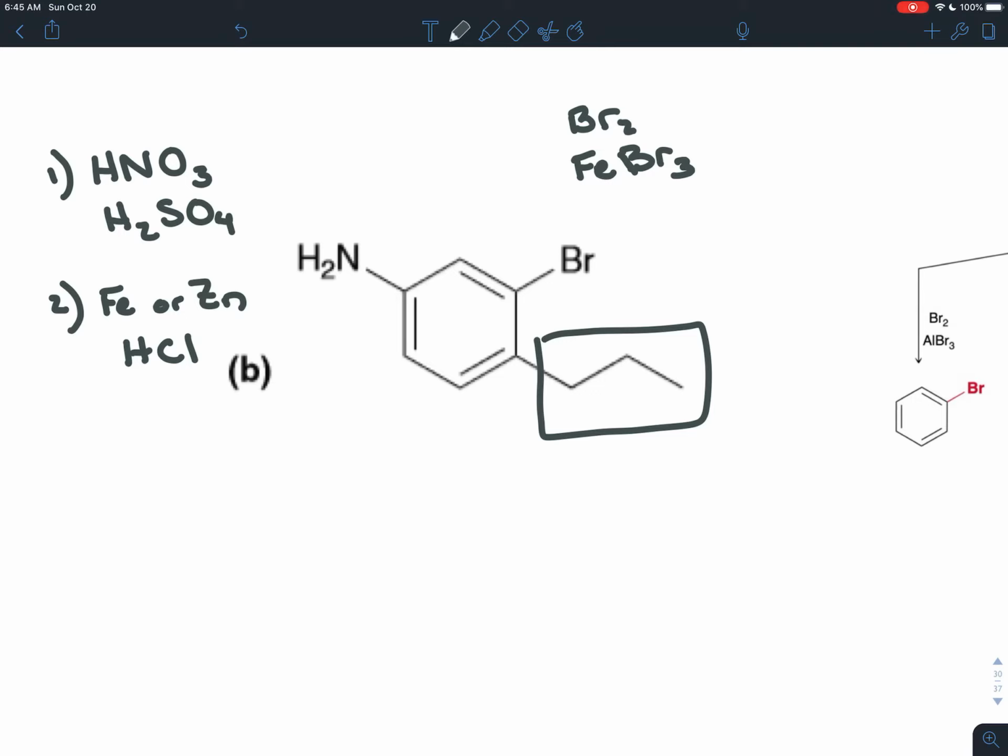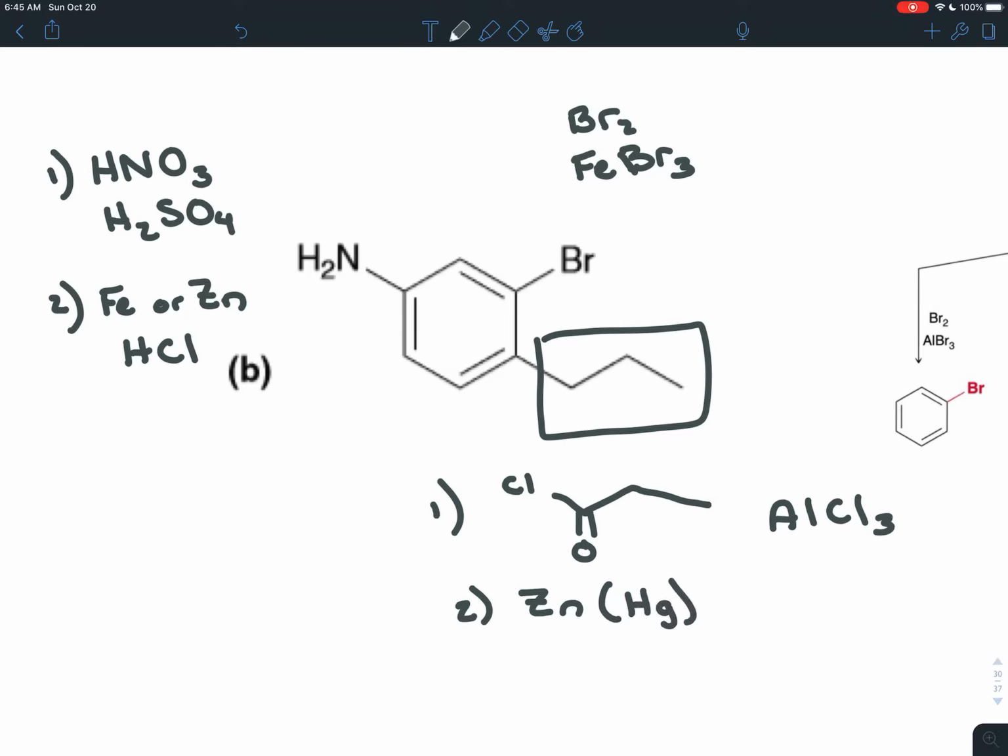So first step, we'll redraw that same branch. Instead of the branch to benzene, we'll have it to chlorine, and then we just add the acyl group. So this is going to be our first step, that in the presence of a metal catalyst. And our second step is to reduce that acyl group, change those bonds to oxygen to bonds to hydrogen. And you'll do that if you have that mercury zinc amalgam with HCl and heat.